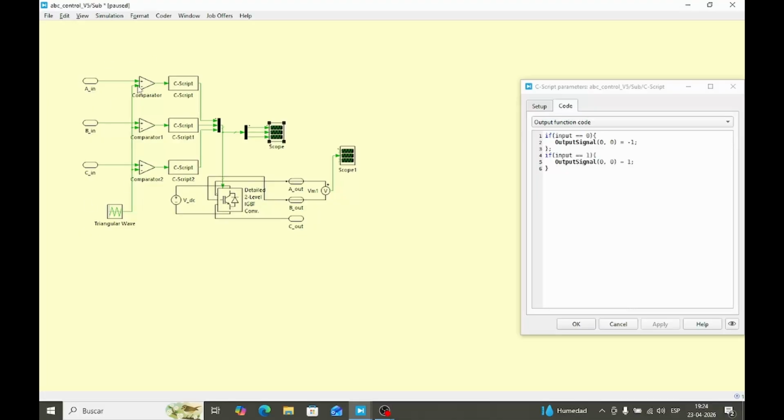It goes to the non-inverting input of a comparator, and the triangular wave goes to the inverting input of the comparator. At the output, we could receive either a 1 or a 0, but the 0 is turned to a -1 just to be coherent with the working principle of the converter. This is done with the C script block here. This information is gathered here in the multiplexer.